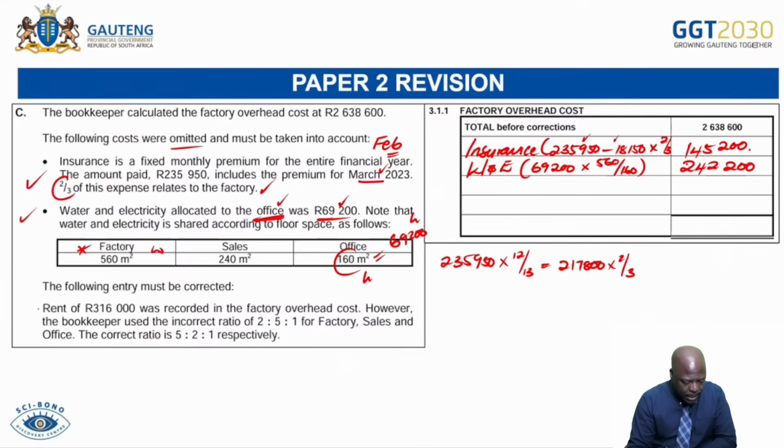And this is now on our rent. And it reads, a rent of 316,000 was recorded in the factory overhead cost. So this rent was recorded. Very key here now. The rent was recorded in the factory overhead cost. So you come here and you're now saying rent.